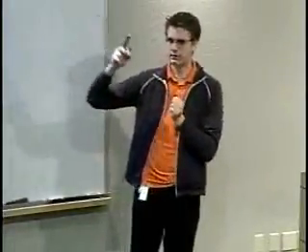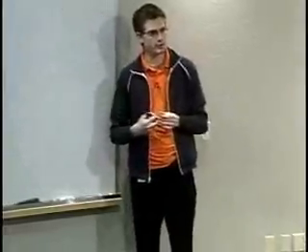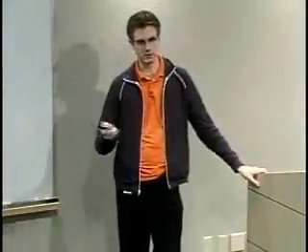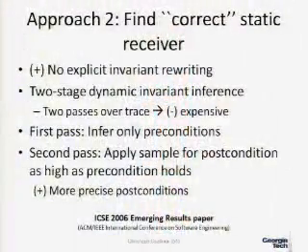And the advantage here is you don't need to do that explicit rewriting of the postconditions, because if you do that, you might also want to do some constraint solving calls to simplify the result of those rewritings. That might be tricky and expensive. So we can avoid that. So you get the imprecision because you might have over-approximated that receiver, and that's why we also have the more correct approach.